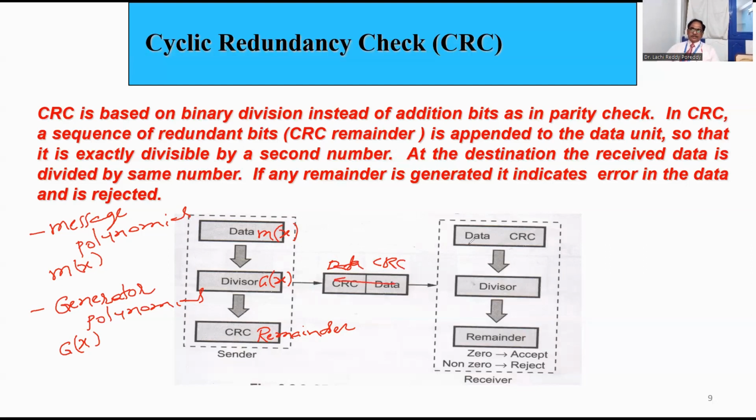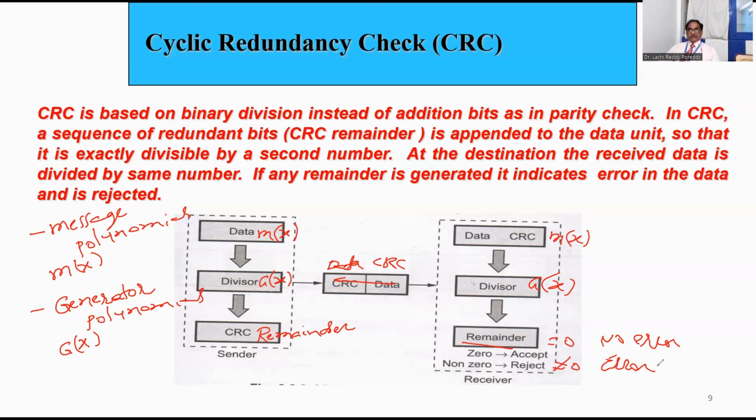Then at the receiver, this data with CRC is again divided with the same generator polynomial. So now this is taken as m of x, and this is taken as g of x. After dividing, if the remainder is 0, no error. If the remainder is not equal to 0, error.